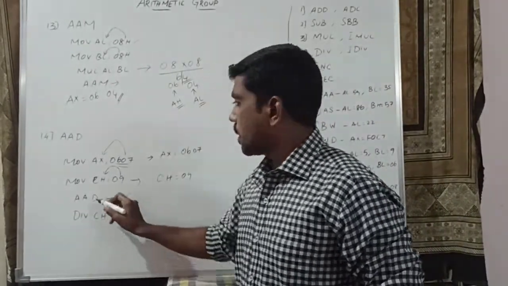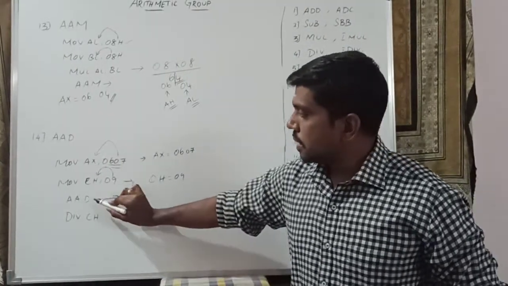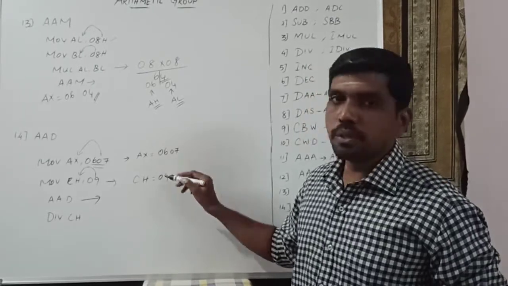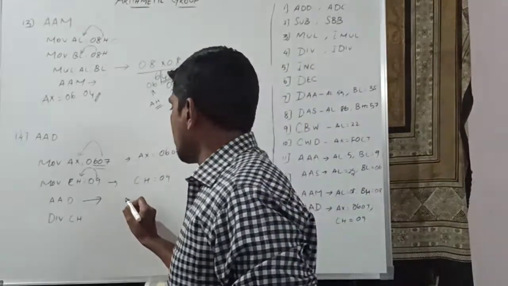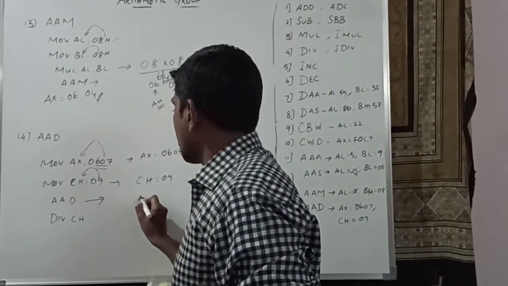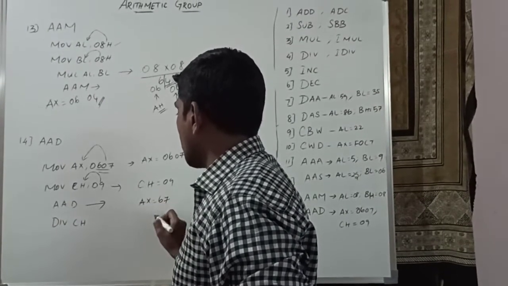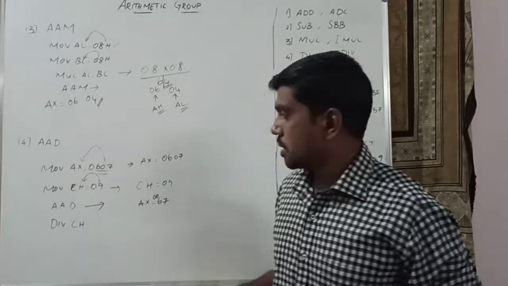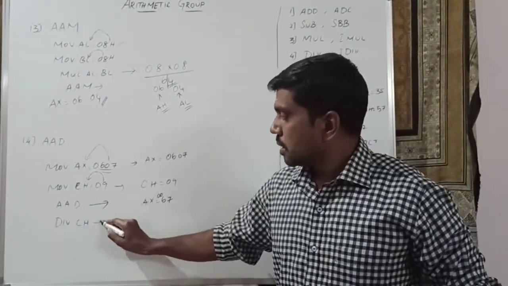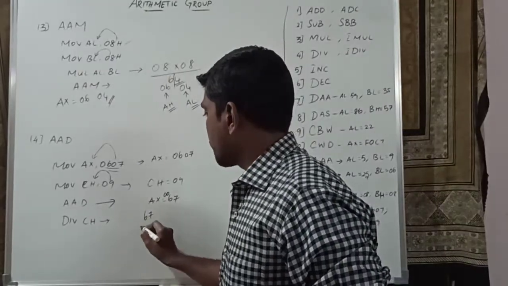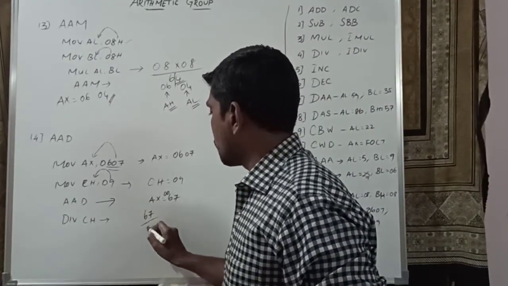Now you use the AAD instruction. This instruction converts the unpacked BCD number into a packed BCD number. After conversion, AX equals 0043, that is 67 in hex. Then you use the division instruction: 67 divided by the CH value 09.